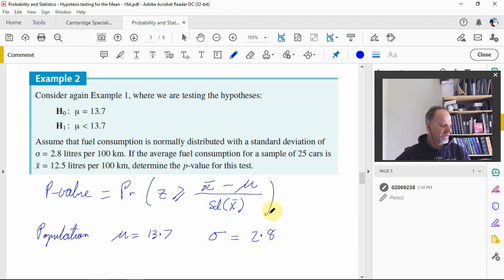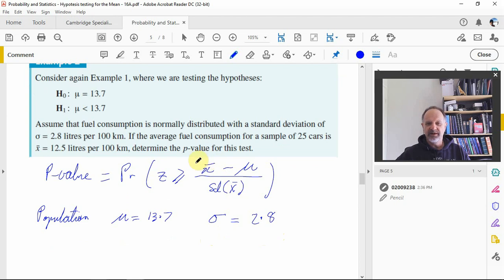And now we've got to work with that. What do we need here? We need our sample mean, and here's our sample mean. Our sample mean, X bar, we know that's 12.5. And what we need is the standard deviation of our sample.